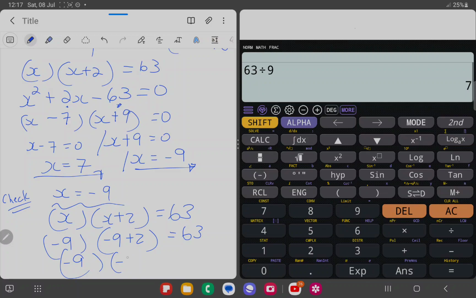The answer is -7. What is -9 times -7? It is equal to 63. So what does that mean? The left hand side is equal to the right hand side. So that is the answer: x is equal to 7 and x is equal to -9.